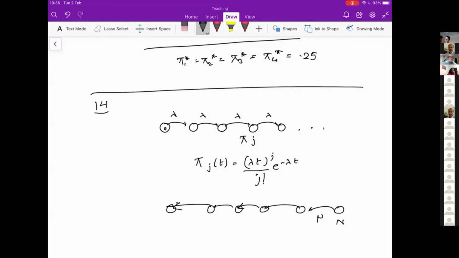It's the same reason, because when you're sitting in that state, you don't know when you're going to depart. It's a memoryless process. The memorylessness comes from the Markov property, right? The Markov property essentially says you don't know the past history. You don't know when you arrived at the state. You can forget about all the past history, and the transition probability is independent of past history, including the amount of time you spent in the state.